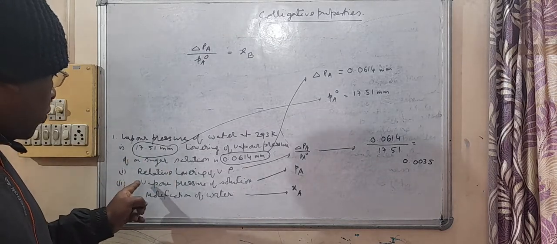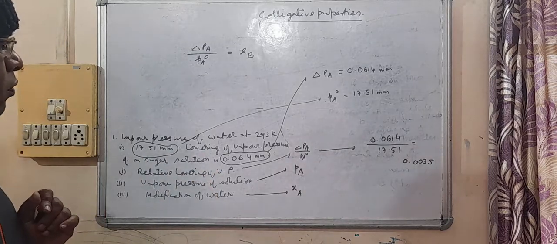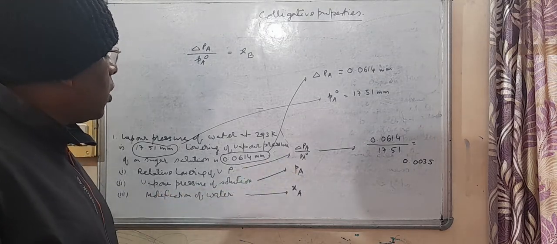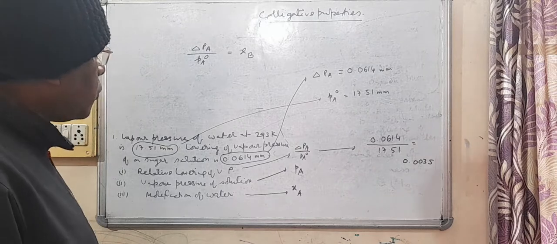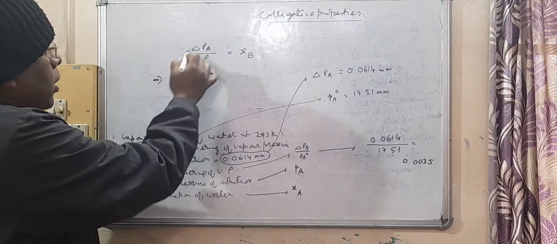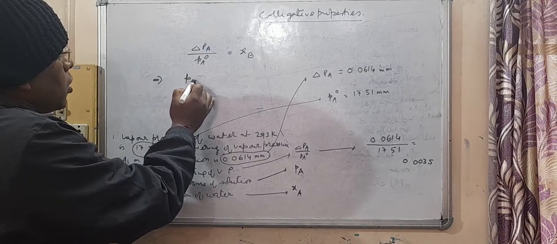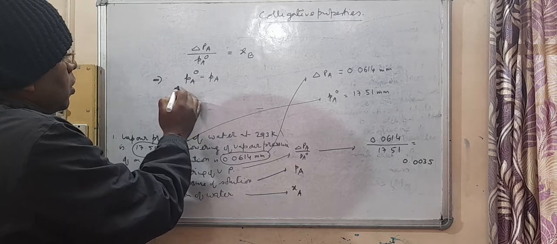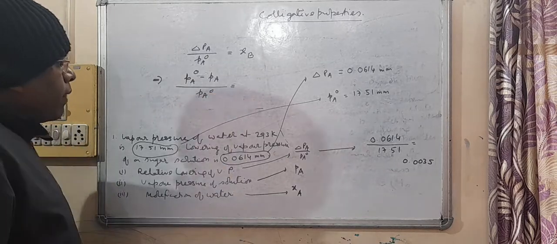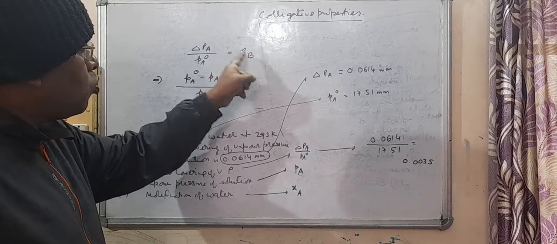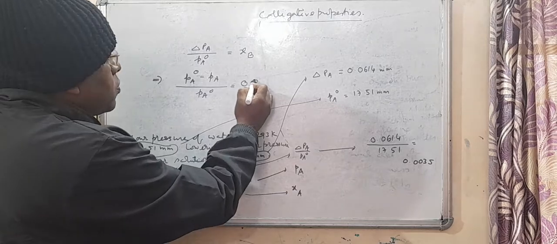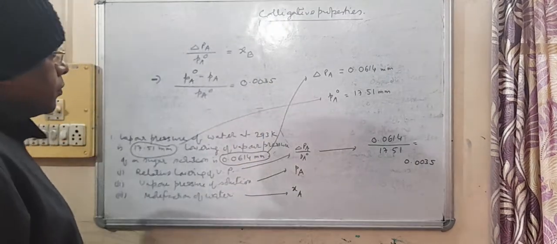And the second one is the vapor pressure of the solution. Since we have to find PA, let me write it down from here. Delta PA is PA naught minus PA, by PA naught, and chi B, the mole fraction of solute we have already found, is 0.0035.